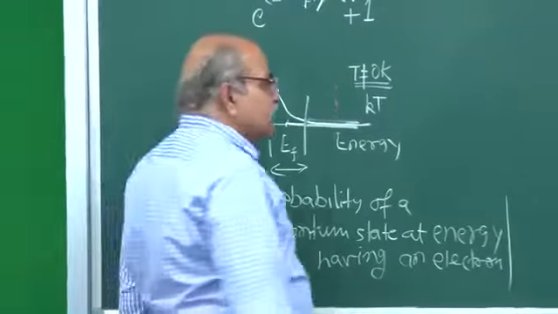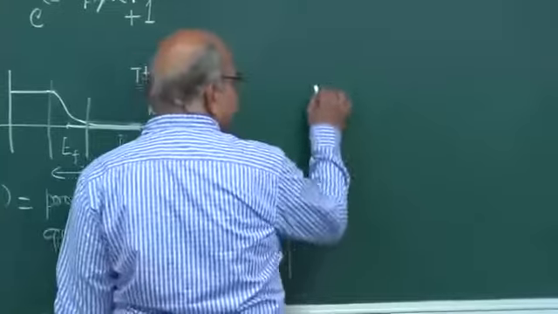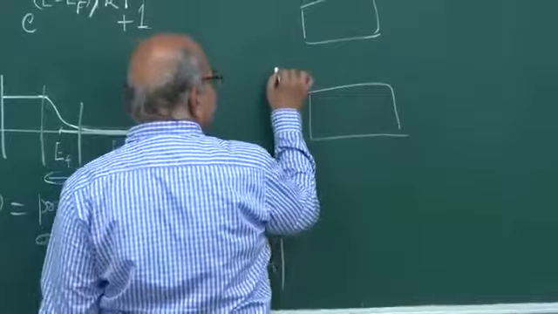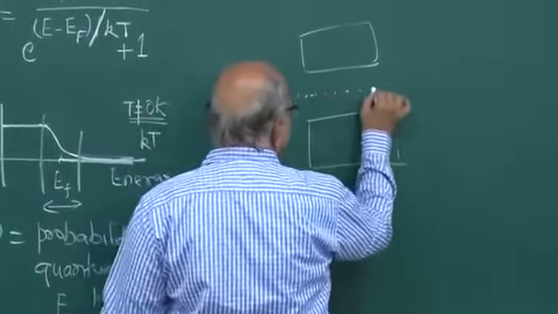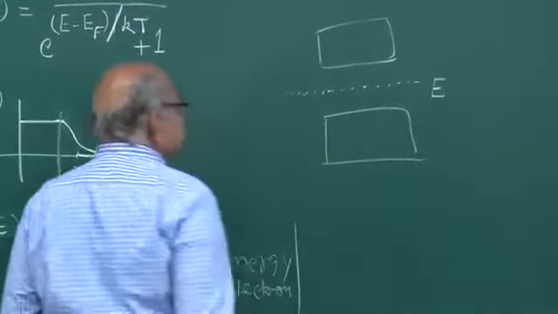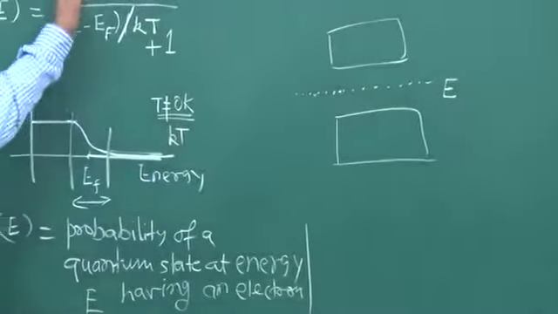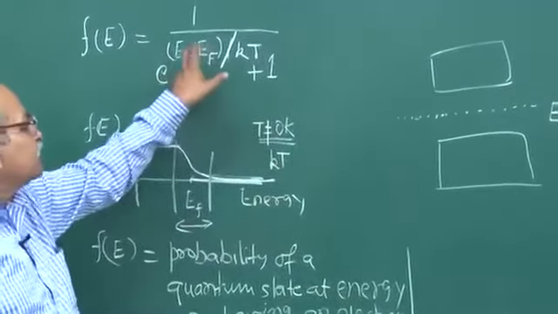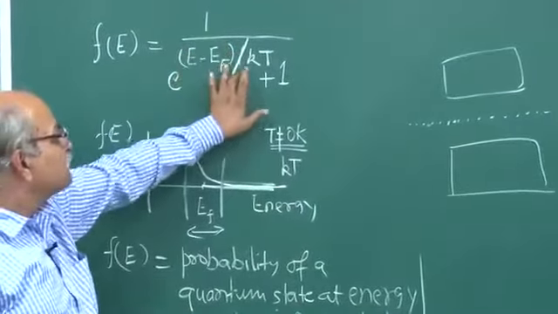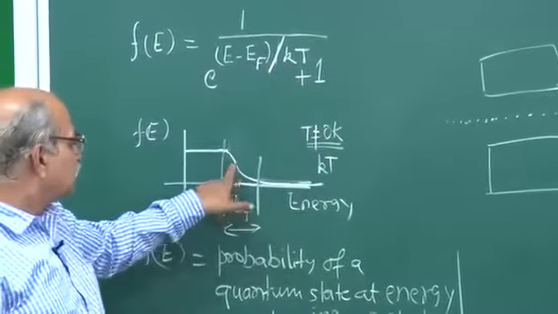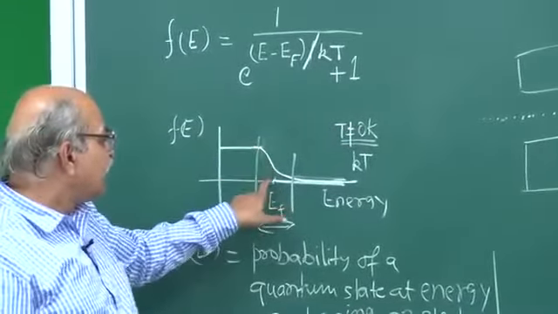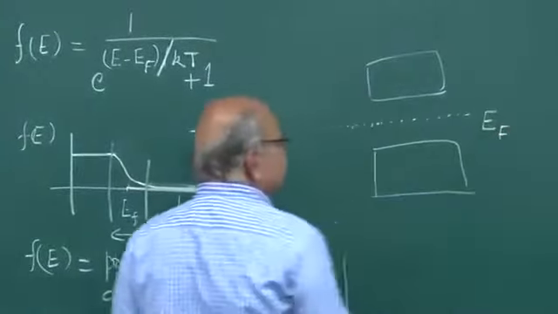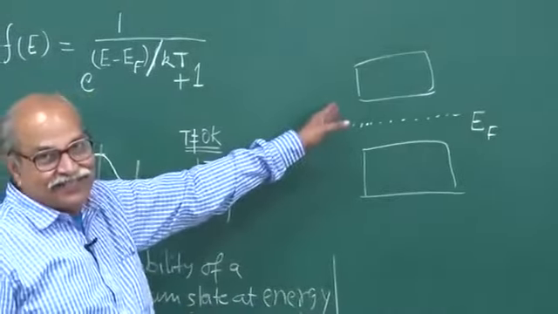So if you have this semiconductor, with the valence band here and the conduction band here, for intrinsic semiconductors this EF turns out to be somewhere here in the middle. From this function, at E equal to EF, the exponent is 0 at a finite temperature, so the denominator will be 1 plus 1, and the whole thing will be 1 by 2. So the probability falls to half at EF. In this case, EF is somewhere here, and there is no quantum state here.